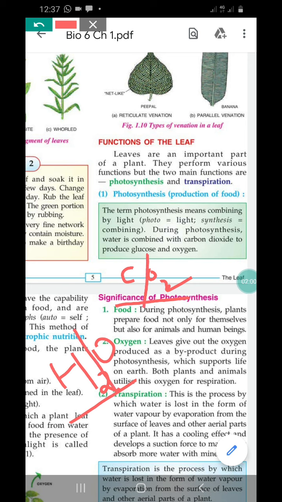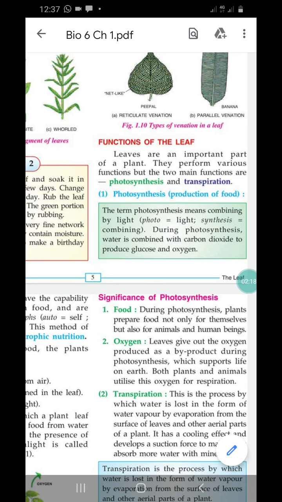Hydrogen and oxygen in water is broken down, where hydrogen and carbon are combined. Synthesis means combining, hydrogen H and carbon C. These both are combining to form glucose molecule.